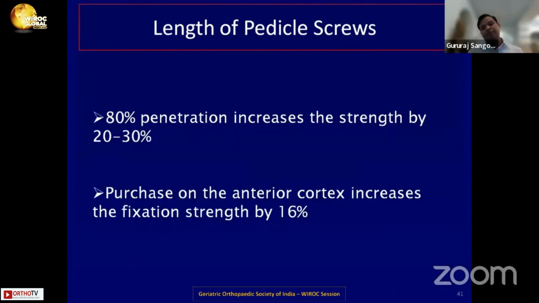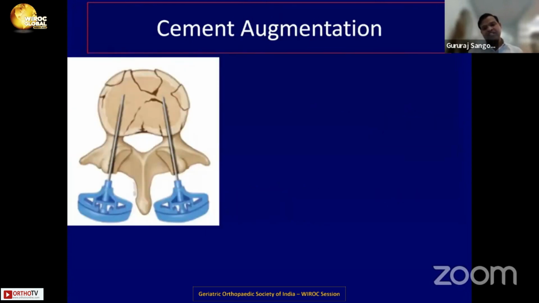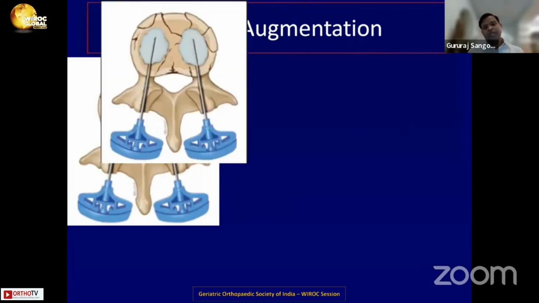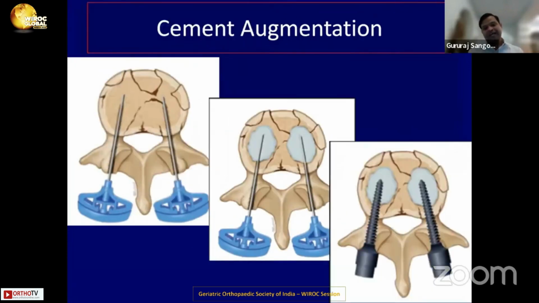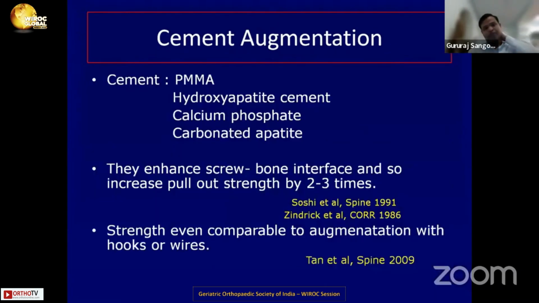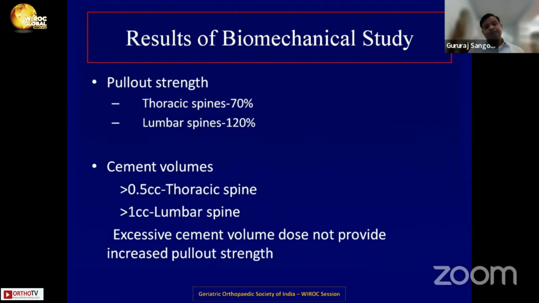And 80% penetration increases the strength by 20 to 30%. Purchase on the anterior cortex, which you have to do very carefully, additionally increases your pull-out strength by another 16%. Additionally, you can use cement augmentation of these screws, and it increases your pull-out strength by 2 to 3 times. So in the thoracic spine, it increases by 70%, and in the lumbar spine, it increases by 120%.